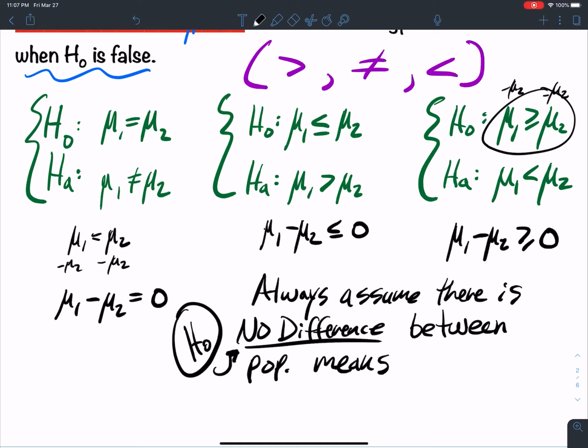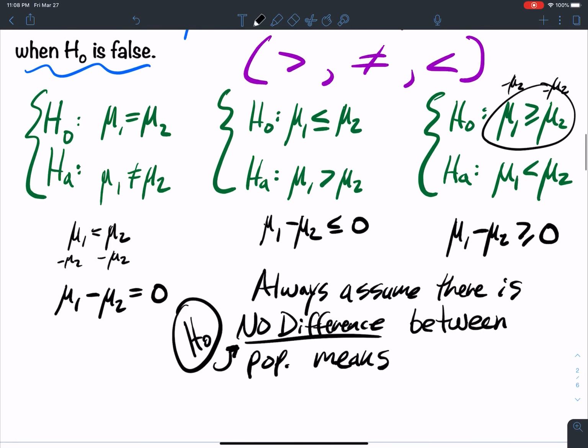So an outside statistician might be hired to come into a company and run the numbers on the payroll and say, okay, is there any bias going on here? Well, what would they do? They would run this two-sample hypothesis testing, and they would look at the average pay for females who do this particular job and then the average pay for all the males that do this particular job. And you run the test assuming that there's no difference between the two.